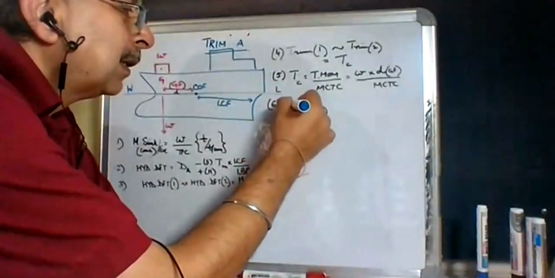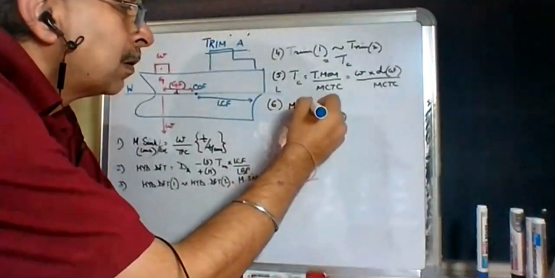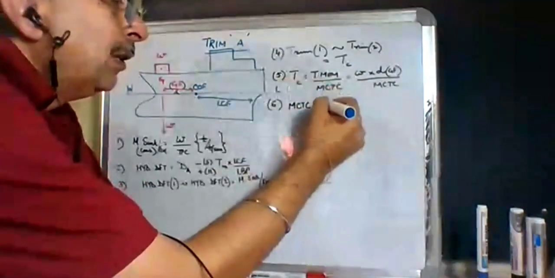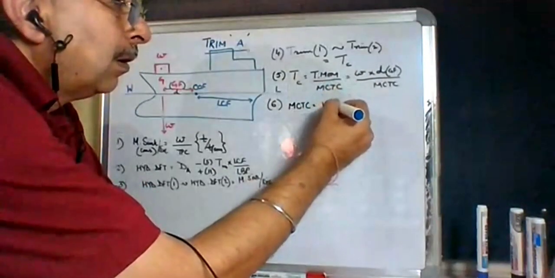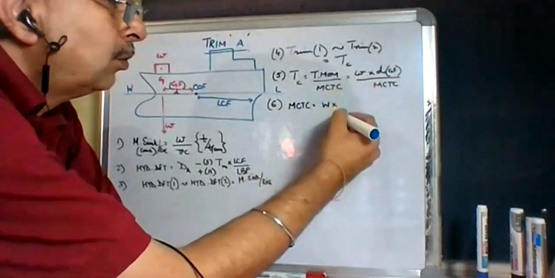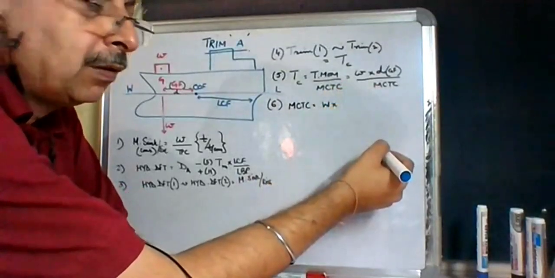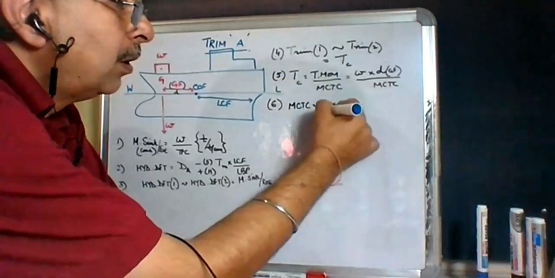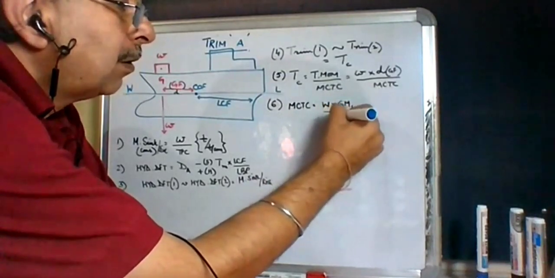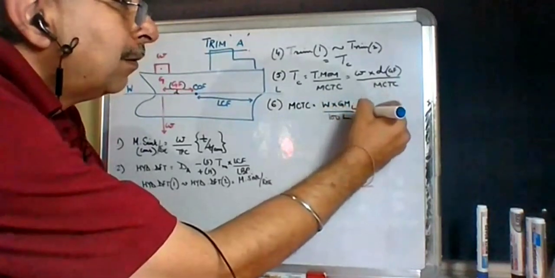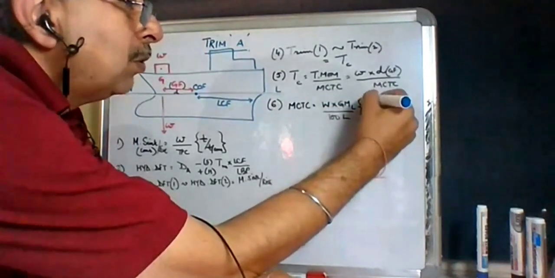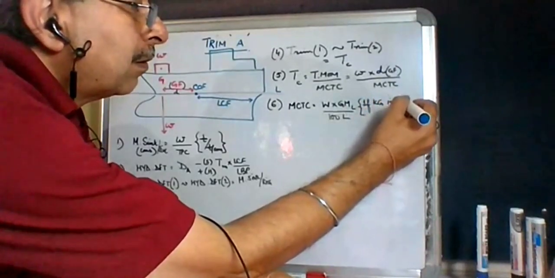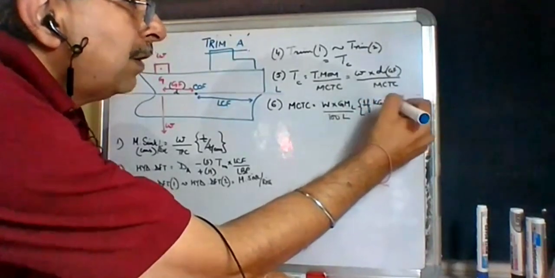Now let's come to MCTC. Generally MCTC is given directly in the question, but if it is not given, then for a box shape vessel we can use the formula W into GML upon 100L. This formula has got to be used if KG is given in the question.